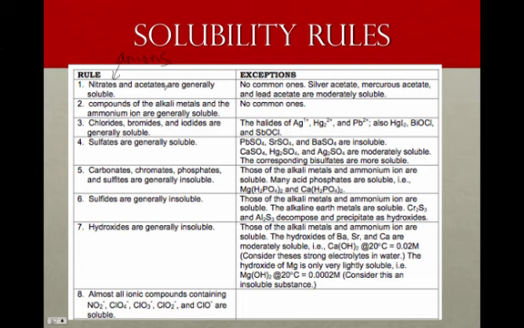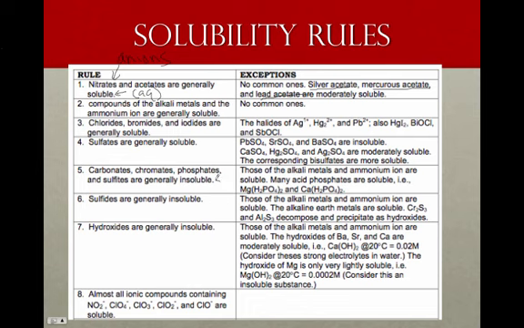So nitrates and acetates are generally soluble. And then they give you exceptions. There's no common exceptions for these, except silver acetate, mercury acetate, and lead acetate are moderately soluble. So that might mean that they're somewhat soluble, but mostly not soluble. Soluble means that you're going to write it as aqueous in your equations.